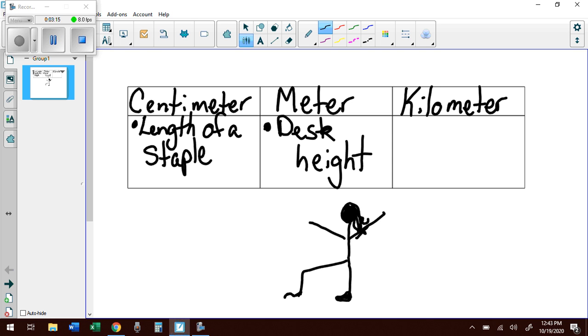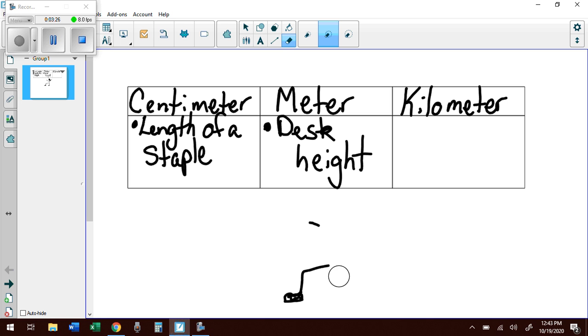And a foot here. That is what a meter would be. One very long step. A football field would be measured in meters, or a soccer field would be measured in meters.